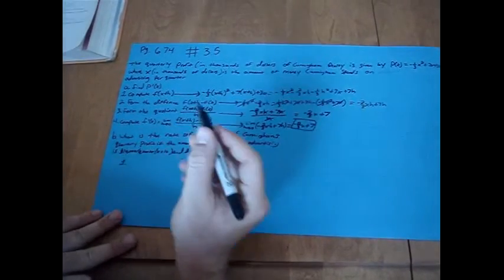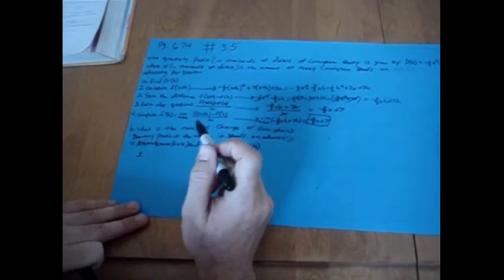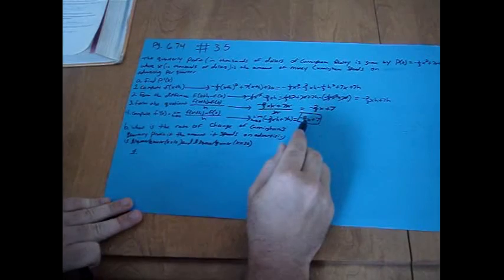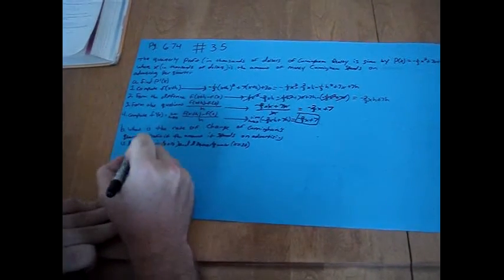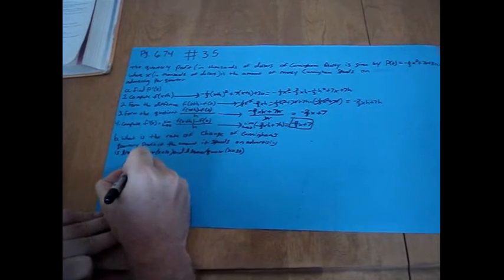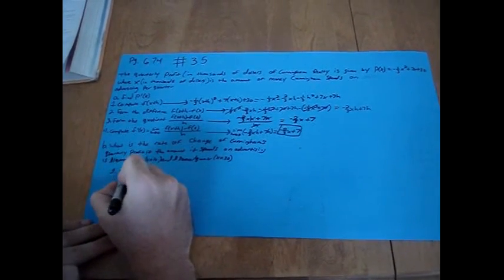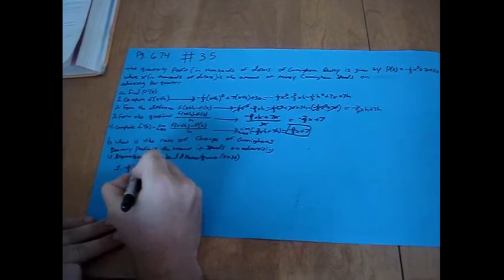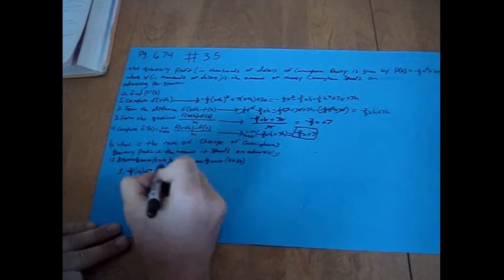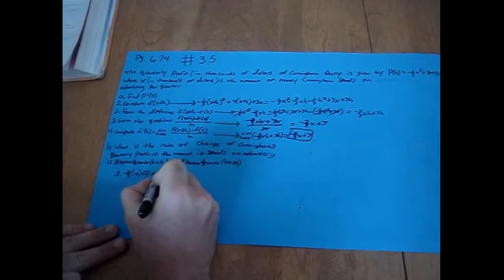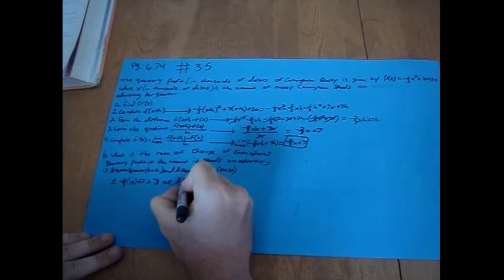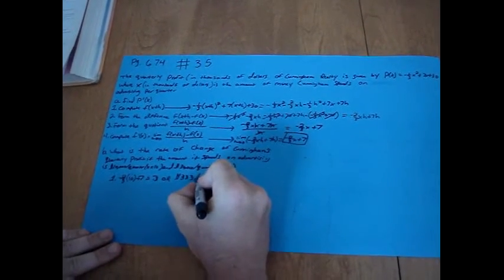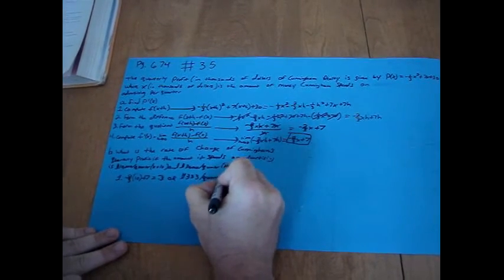What you have to do is take the answer you got here, negative 2/3 x plus 7, and plug in for the first part. You take x equals 10 and plug it into the function, which will equal 0.3 repeating, or $333 per quarter.